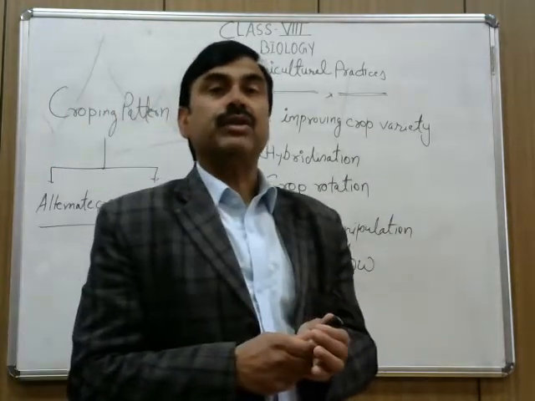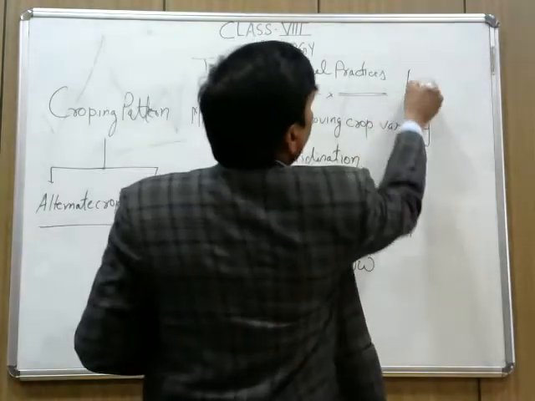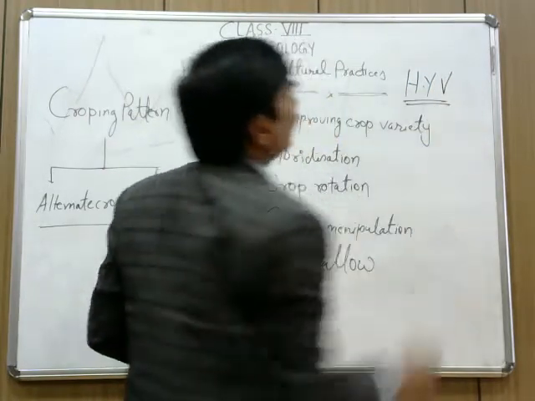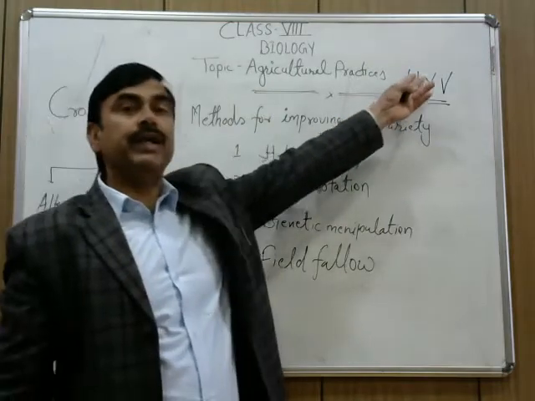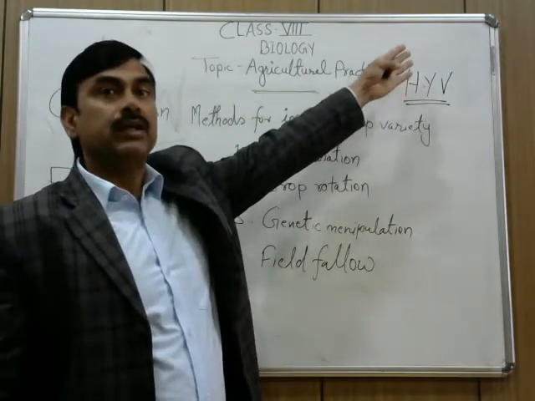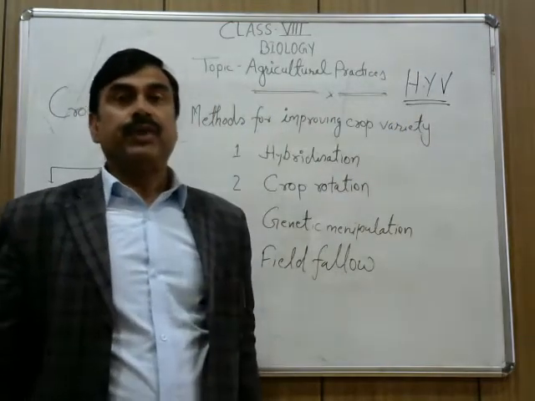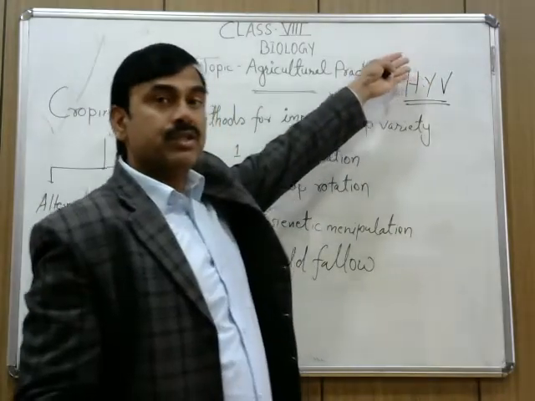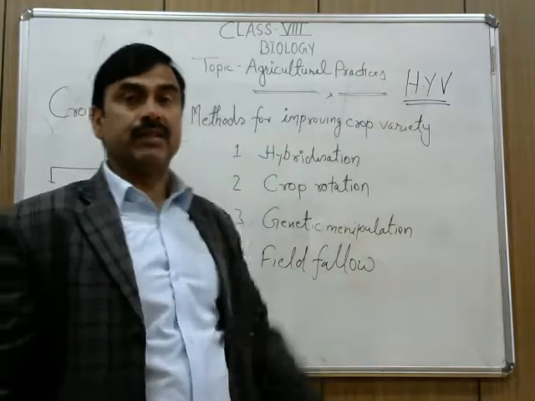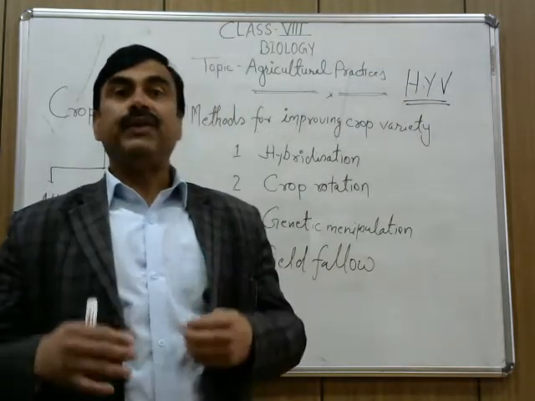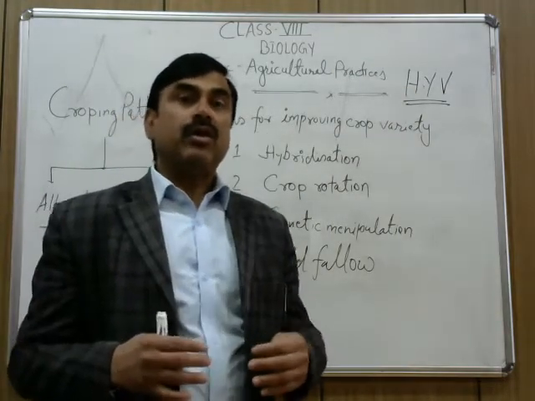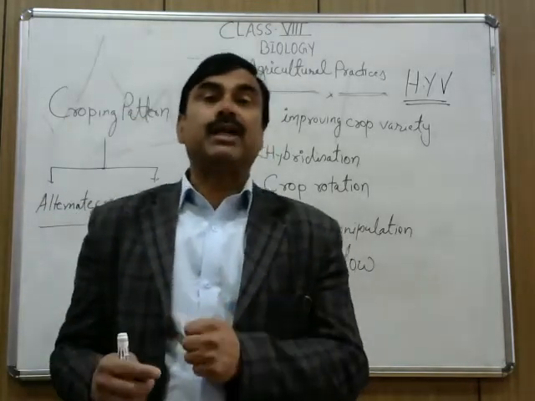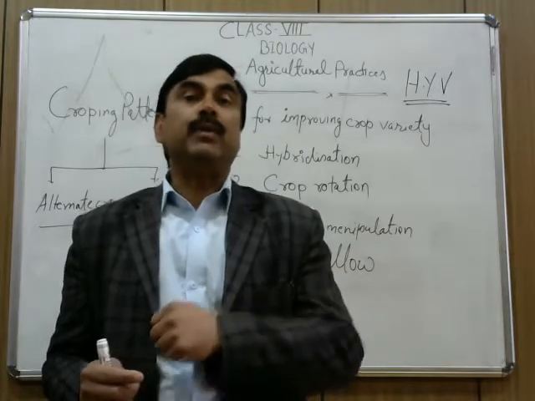The first focus was high yielding variety. High production species were brought. You have heard that this high yielding variety was showing 10 times production. It was a very good crop and it was giving 10 times production in the low input.